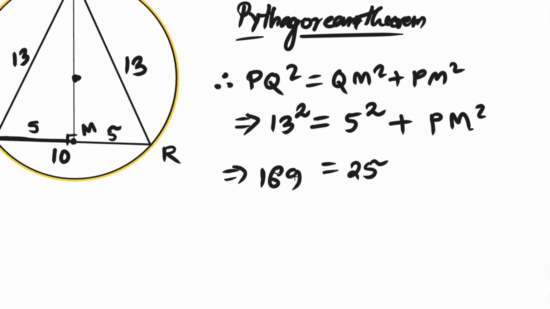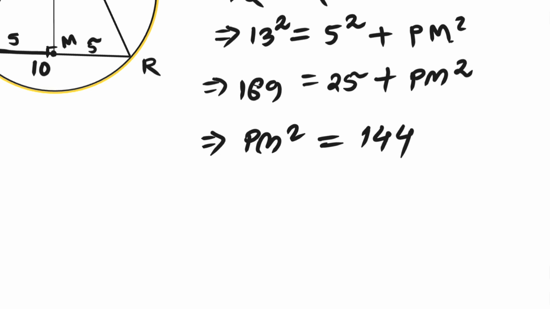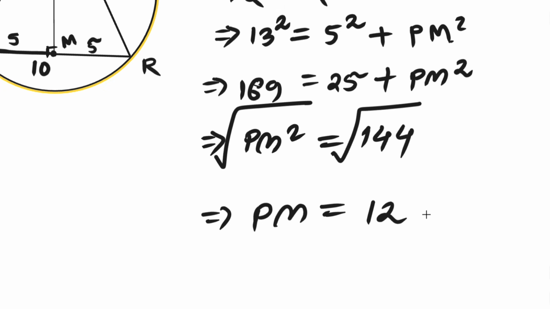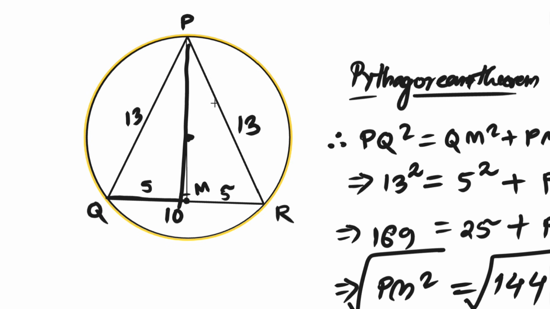Therefore, we have 169 equals 25 plus PM squared. To isolate PM squared, subtract 25 from both sides. 169 minus 25 equals 144. Therefore, PM squared equals 144. Taking the square root of both sides gives us PM equals 12. So we have found that the altitude PM is 12 units long. That's a very important result, so keep that in mind.